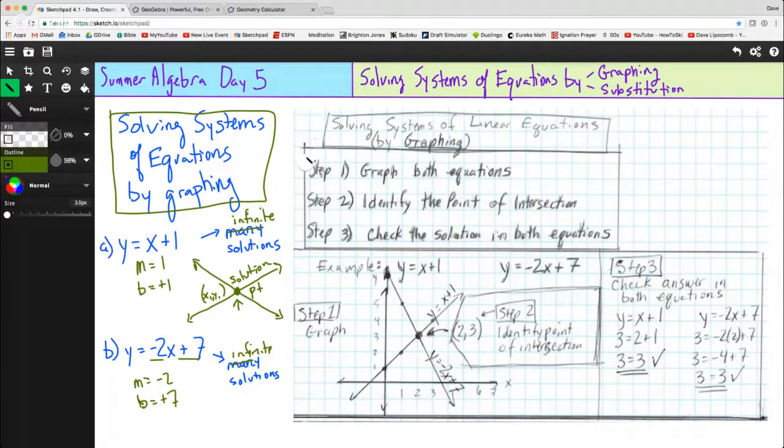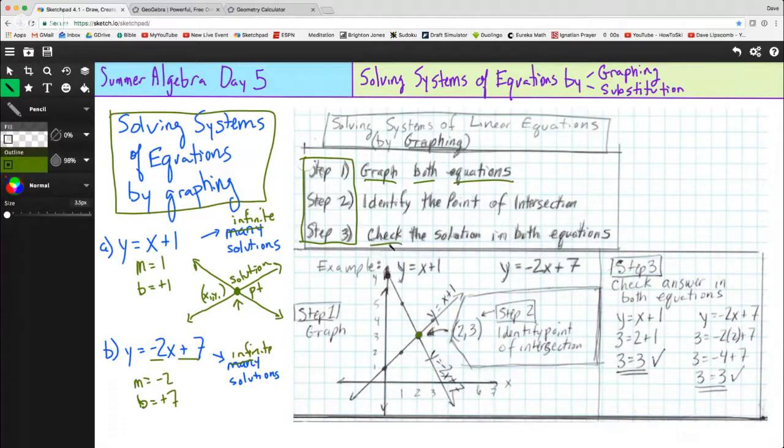These are the three steps you'll go through to identify a solution to a system of linear equations by graphing. First, graph both equations, graph both lines. Second, find the point of intersection and identify it. Third, after you have that point of intersection, check the solution in both equations to make sure that it works.